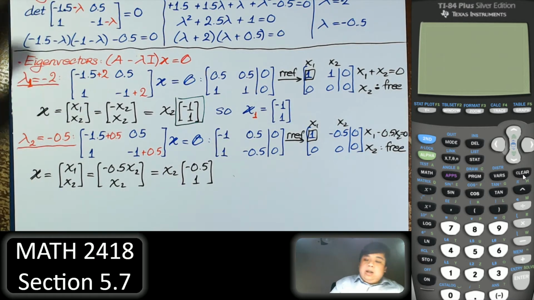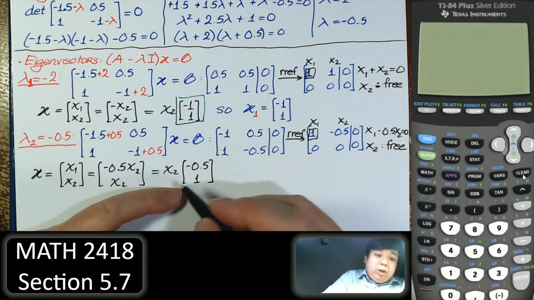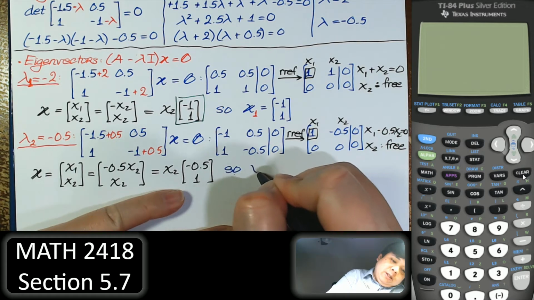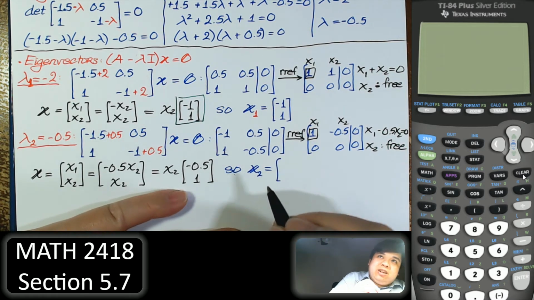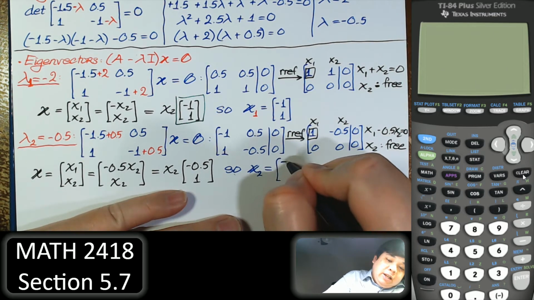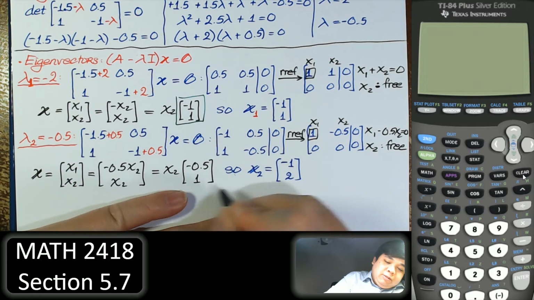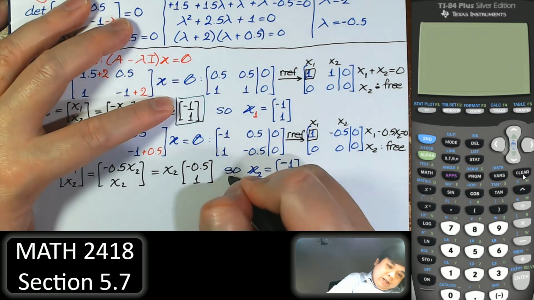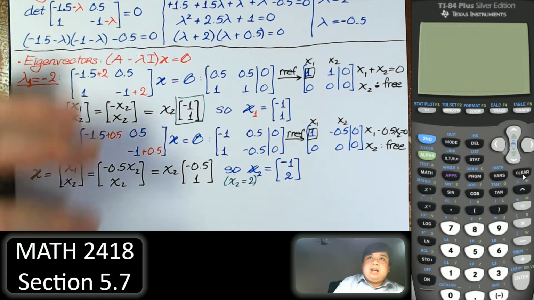We have this, and for simplicity I would choose x2 to be 2, so we don't have to deal with the decimal here. So the eigenvector is negative 1 and 2. Make sure we multiply everything by 2: 2 times that, 2 times that.